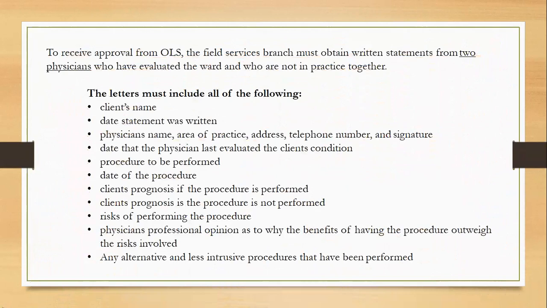If it is not an emergency and you need to request assistance through OLS, the field services branch must obtain written statements from two physicians who have both evaluated the client and who are not in practice together.